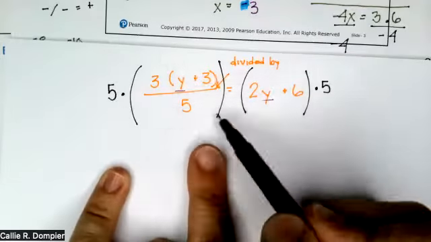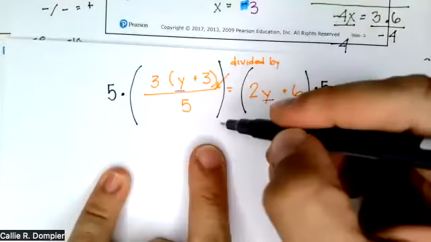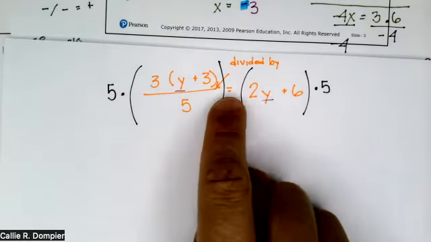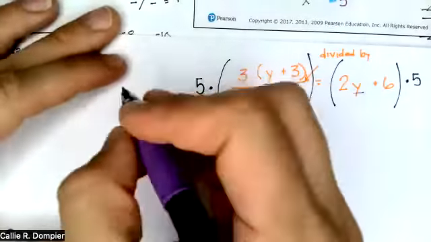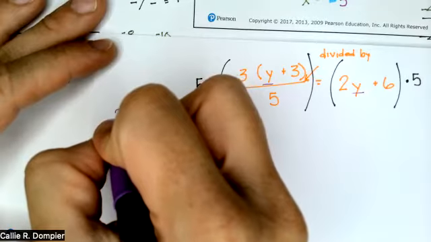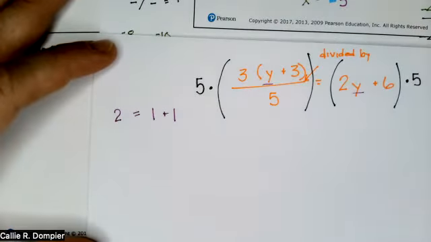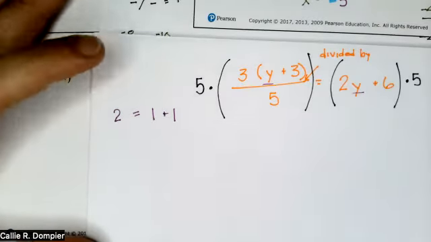So when I multiply all of this by 5 to get rid of that 5, I have to multiply the other side by 5 to maintain equality, to keep that true. So just a little example. If I had 2 is 1 plus 1, right?